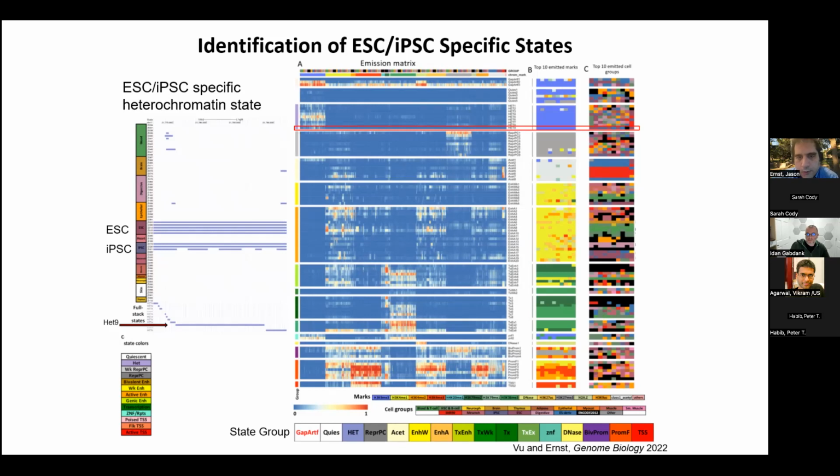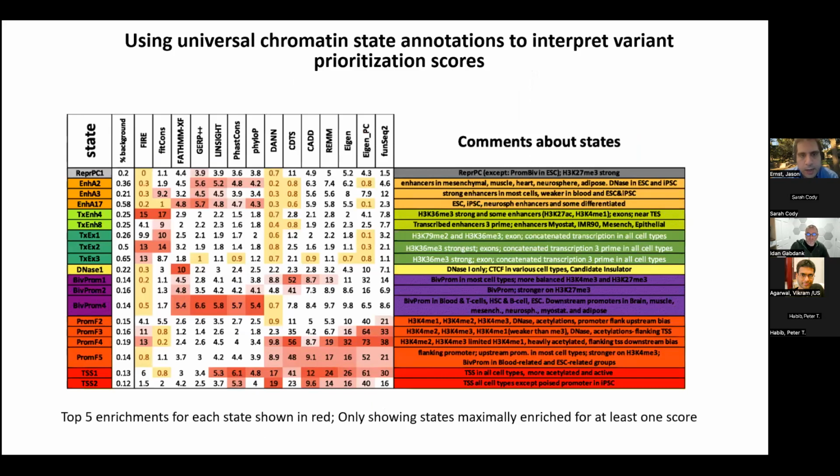There are many other interesting states that one is able to infer by looking at all the data at once. And just to point out one application that might be relevant to some of the IGVF efforts: there are a lot of variant prioritization scores that provide one score for the entire genome, and it's not always clear how these different scores differ from each other.